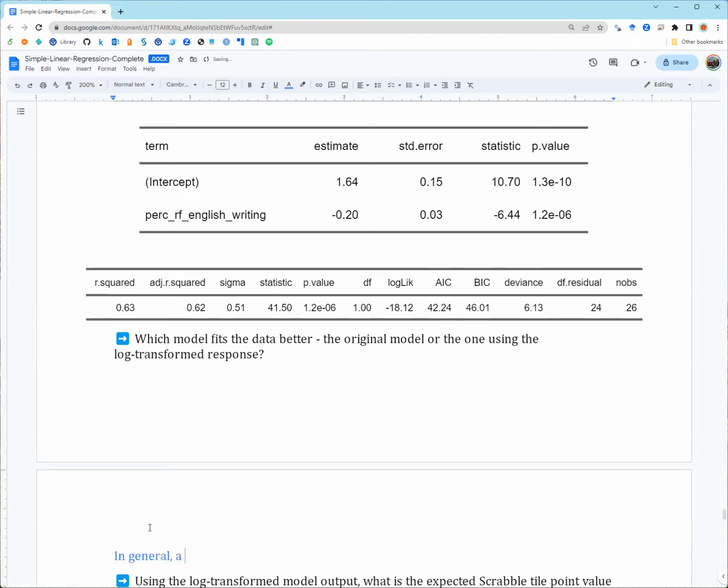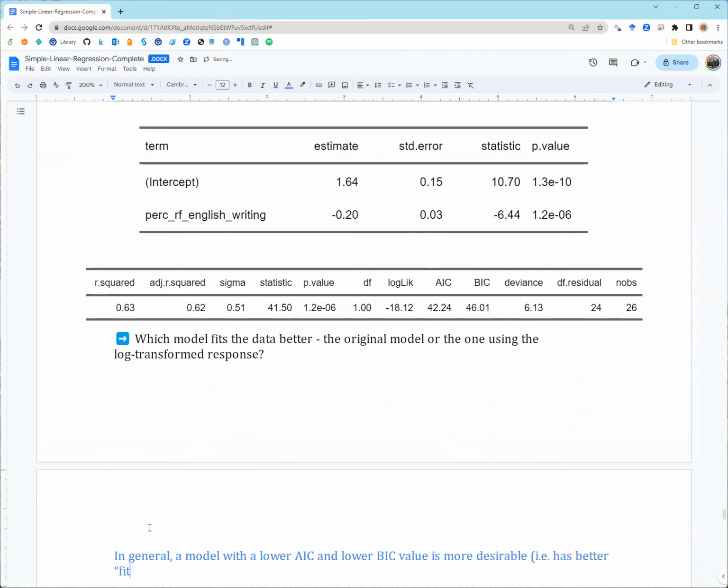In general, a model with lower AIC or BIC values is more desirable or has a better, quote unquote, fit to the data than a model with higher AIC or BIC values.